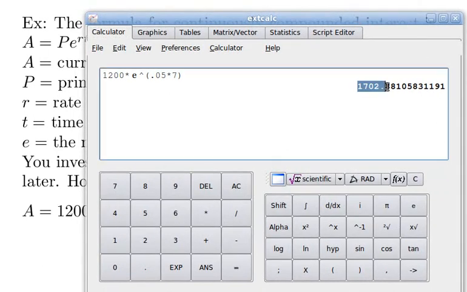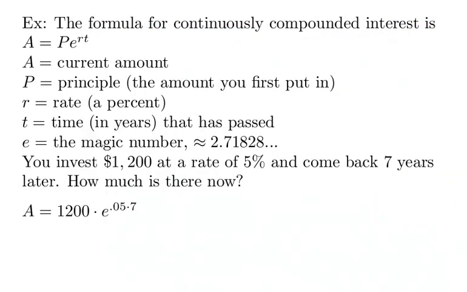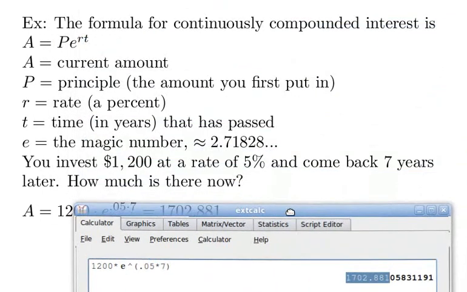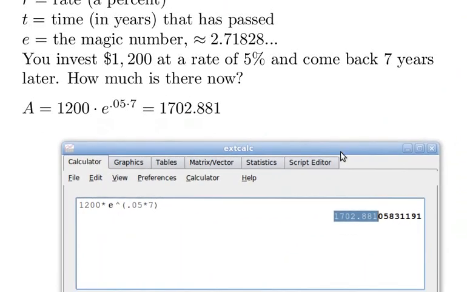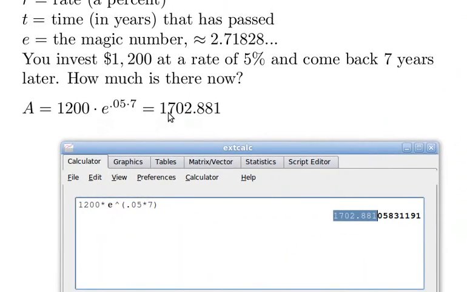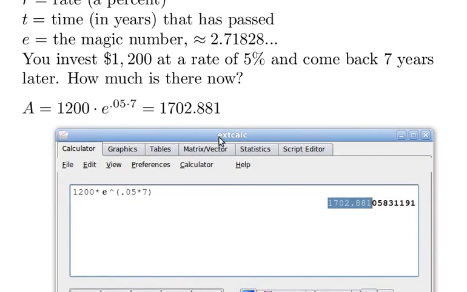Here, let's copy this down. Equals 1702. Let me scroll this down so we can see it both at the same time. Sorry, I'm blanking out. $1,702.88.